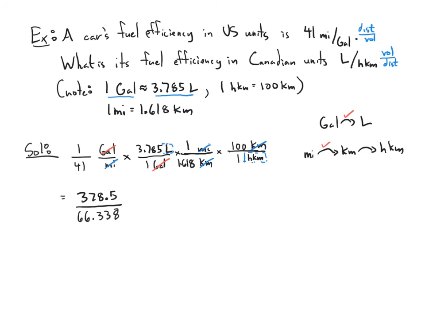And our units, of course, are liters per hectokilometer. I better simplify this to one number, so I'll do a little division here. And you get, to 3 decimal places, 5.706 liters per hectokilometer. And that's how to convert from miles per gallon to liters per 100 kilometers.